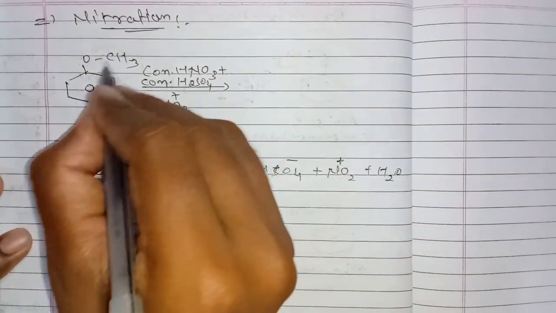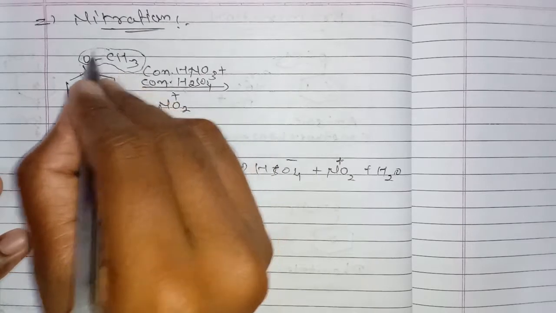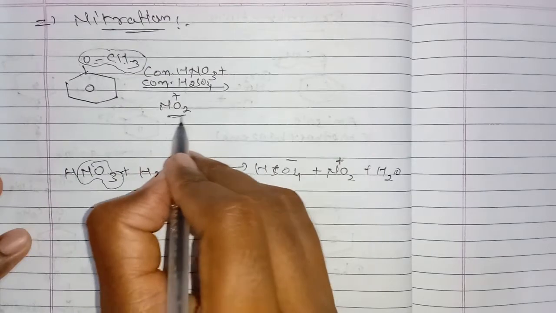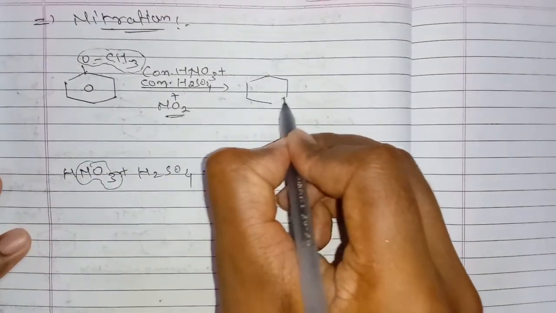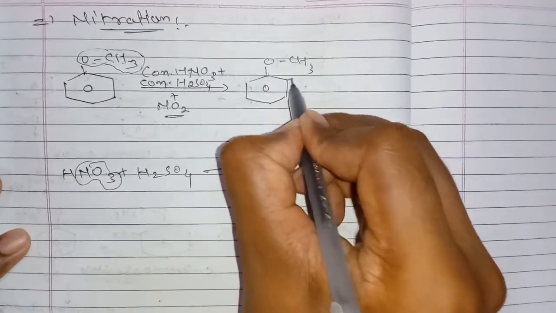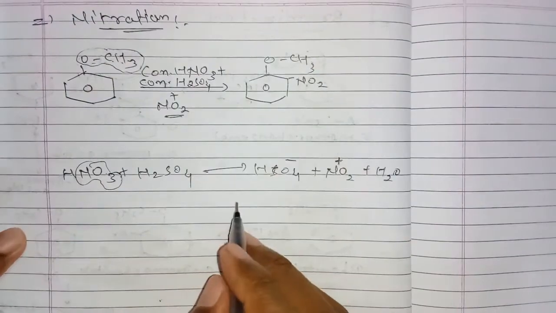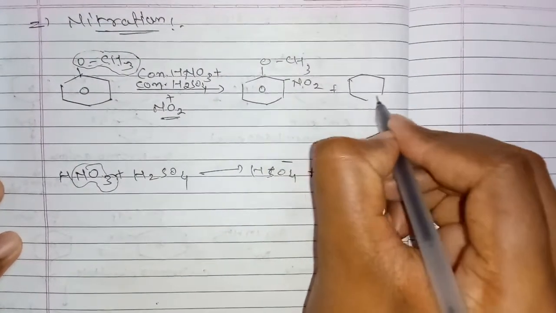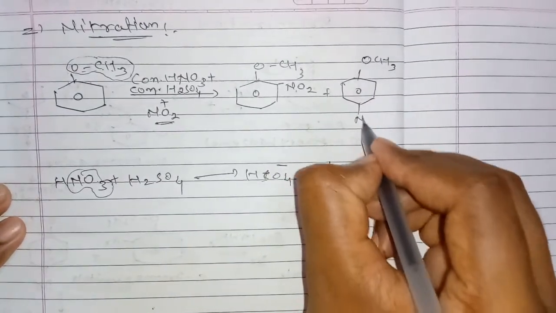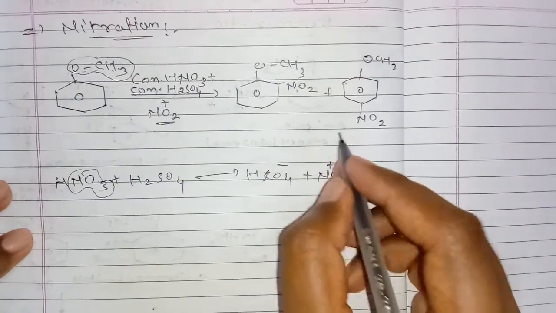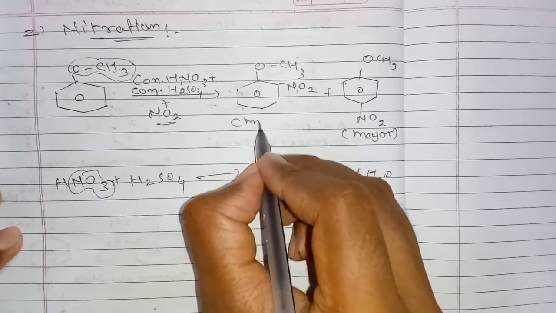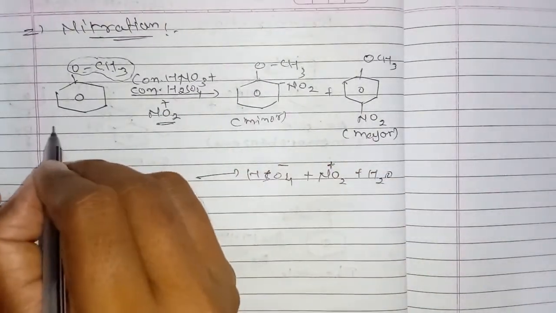So methoxy is an ortho para director. So nitro will attach on the ortho position, and the second product will be para, and para will always be major, this will be minor.